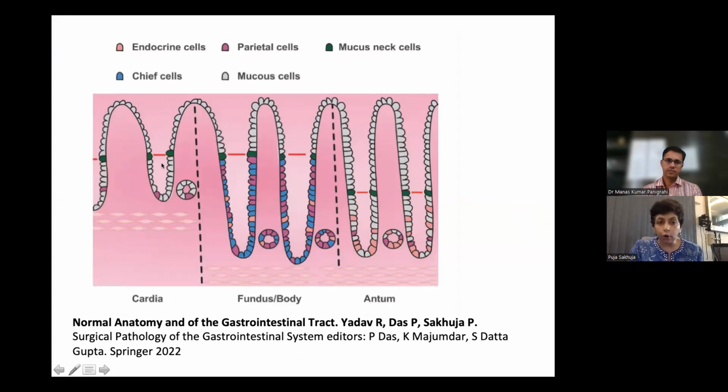But in the cardia, it's occupying about 50%. Now, in the fundus, it occupies just about the upper 1/4 or 1/5 of the mucosa, and the mucosa in the fundus body and antrum is thicker. But in the antrum, the superficial glandular zone again occupies about 50% of the thickness. So it is least in the fundus body and more in the antrum.